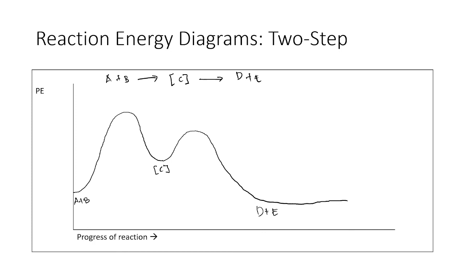So, kung titingnan natin to actually class, meron tayong dalawang transition states dito. We have TS1 and we have TS2.